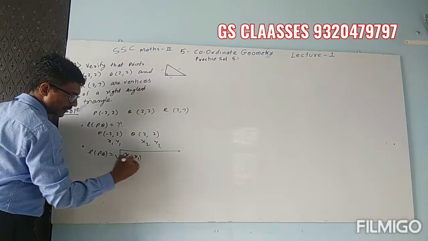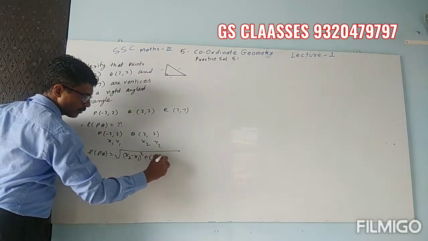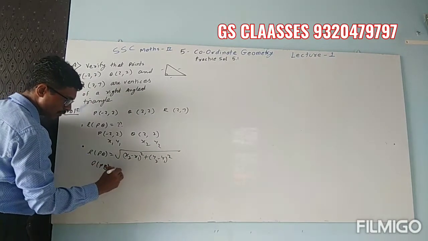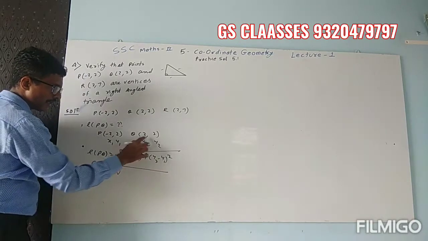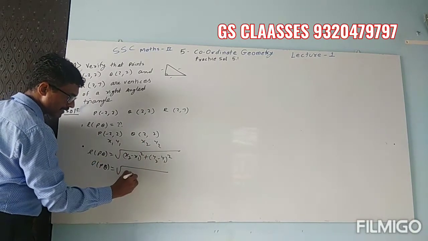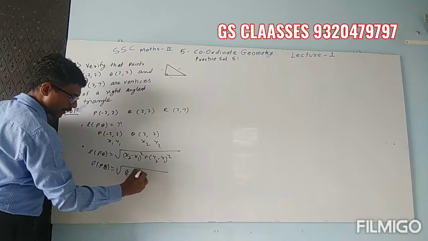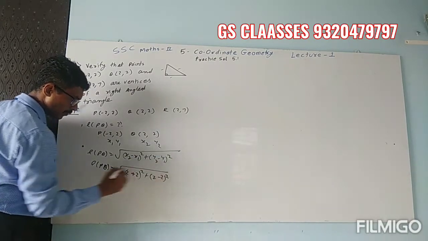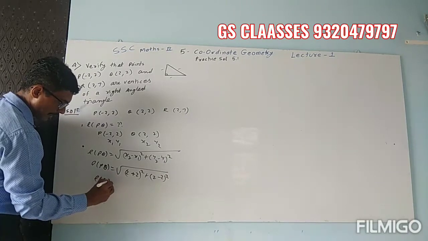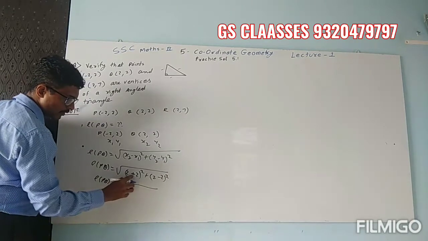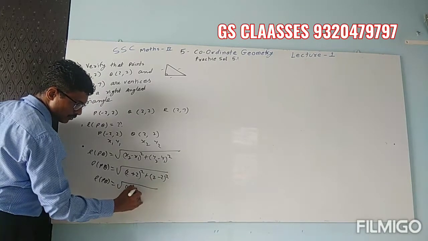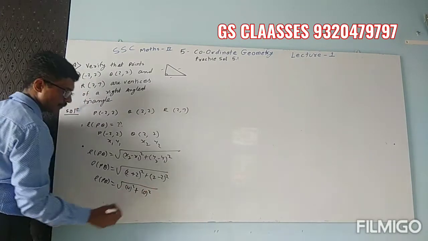Square root of x2 minus x1 the whole square plus y2 minus y1 the whole square. Length PQ is simply 2 plus 2, that is 4 squared. 2 minus 2 comes out as 0.